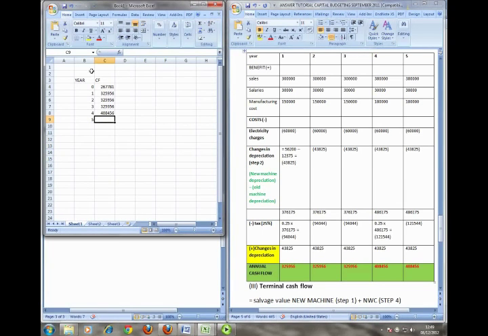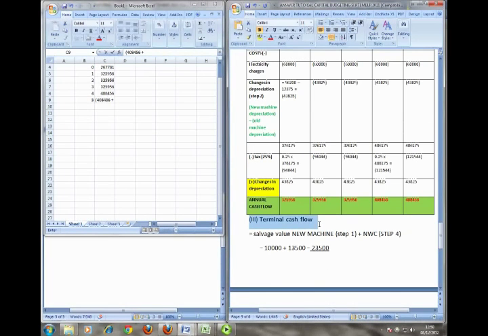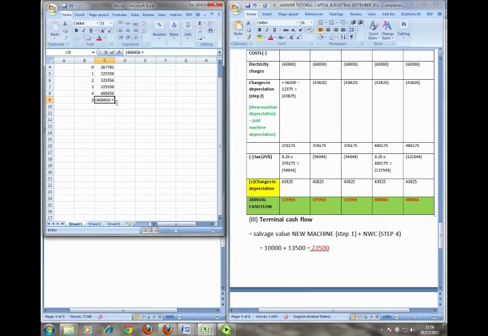Remember, when you construct vertical tables for your payback period and net present value, for the last year you need to add your terminal cash flow. So to calculate your final year cash flow, 408,456, you add your terminal cash flow from your calculation, which is 23,500.